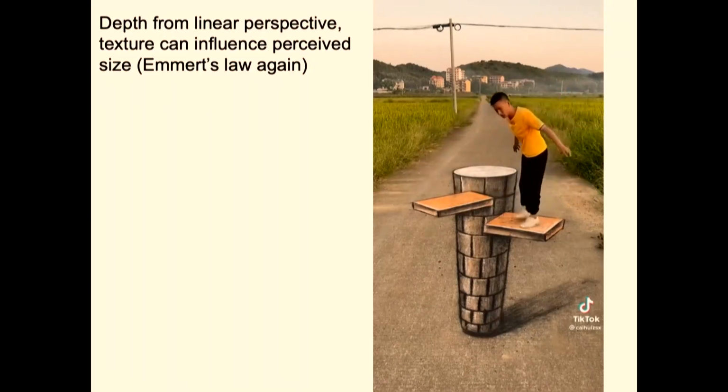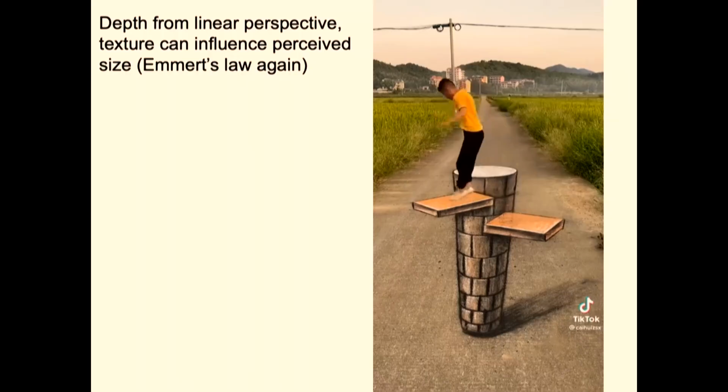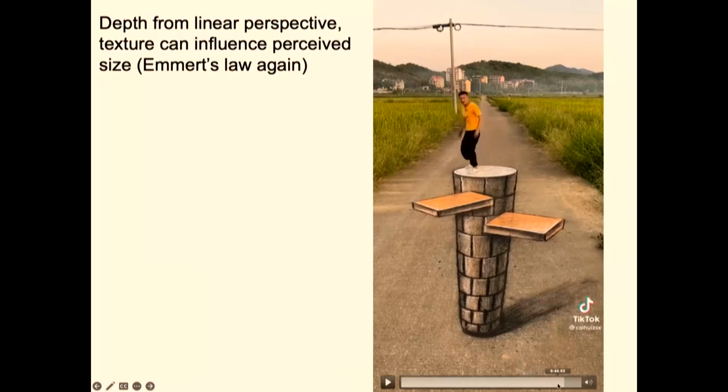Notice that the artist has changed in size. It looks like this person is changing in size. Anybody want to try to explain why the person looks kind of small here, bigger here, and very big there?